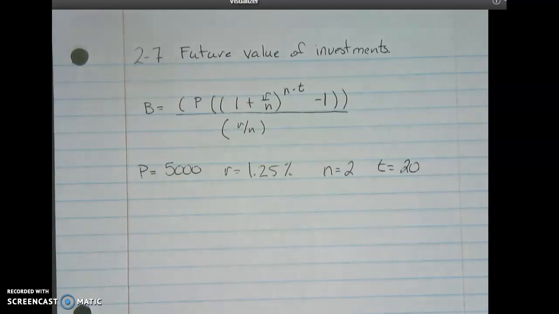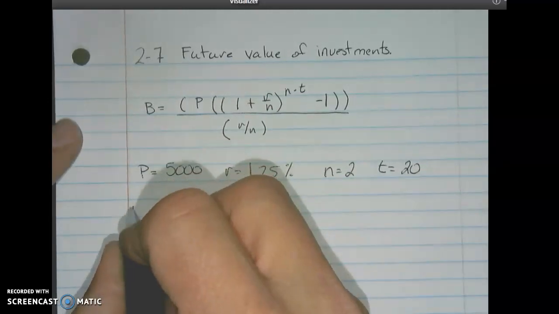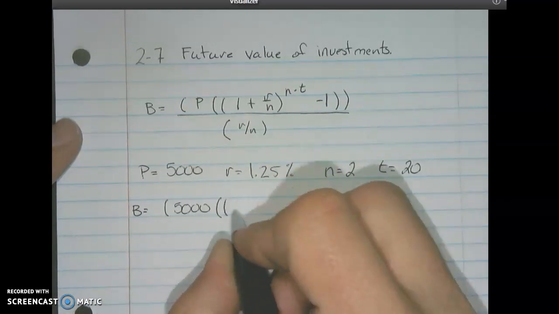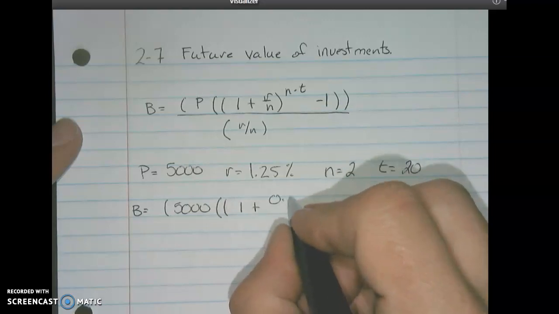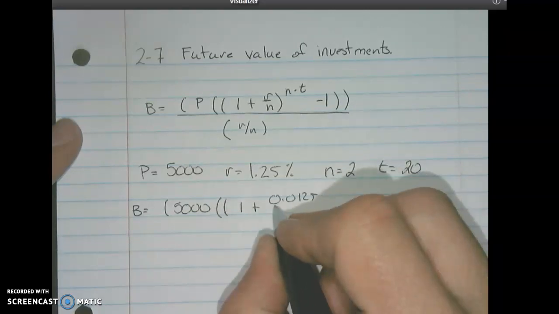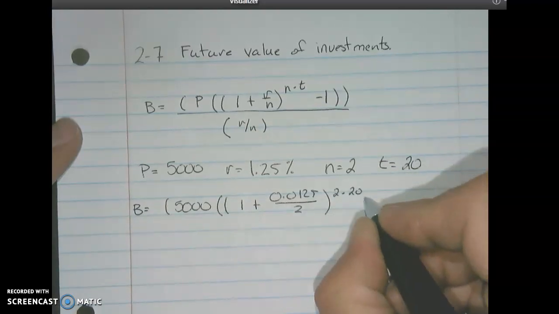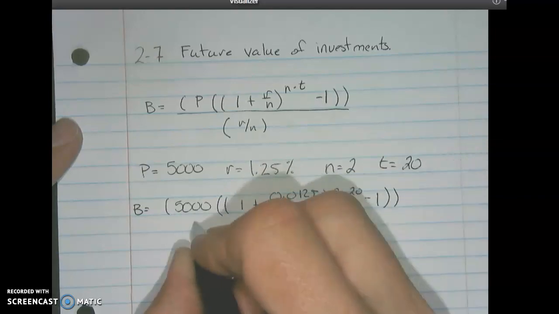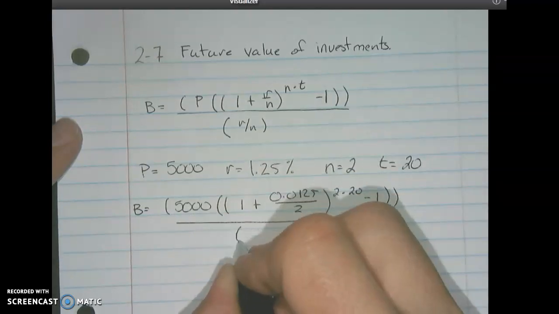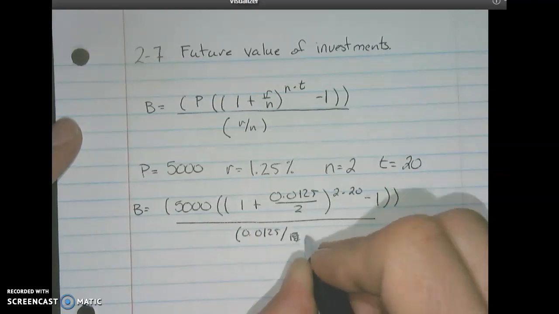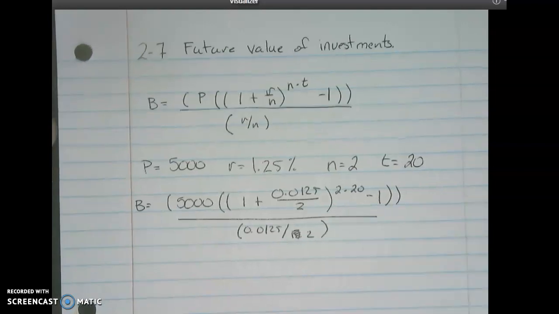So what we're going to do is just fill in our formula. Oops, that should be 2. I'm going to pause the video and then put it in my calculator.